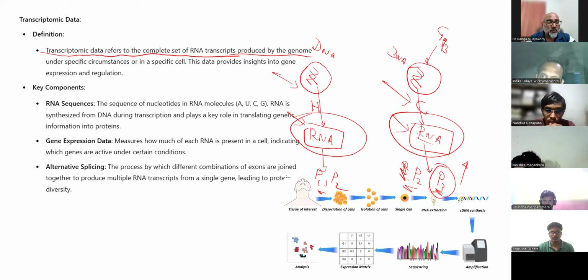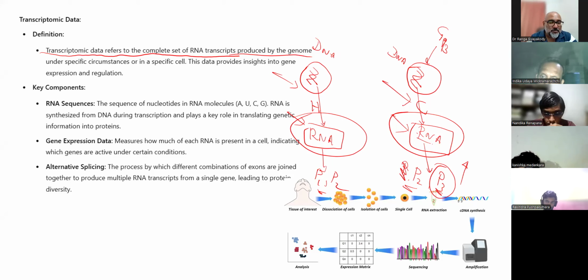It makes more of protein 3, and it doesn't make any protein 1. That means your gene 3 is overexpressed and gene 1 is suppressed, right? So we can use that information towards understanding the behavior of this cancer and finally leading to certain treatments, right? So the transcriptomic data is very important.